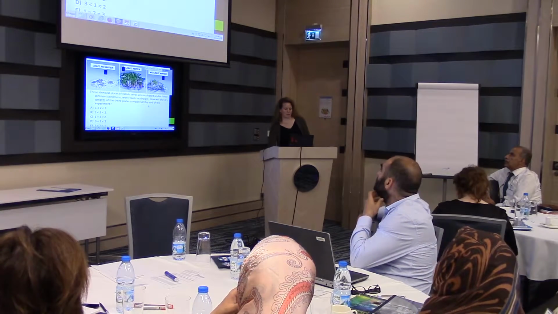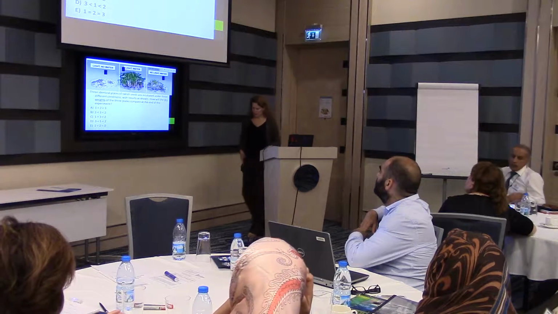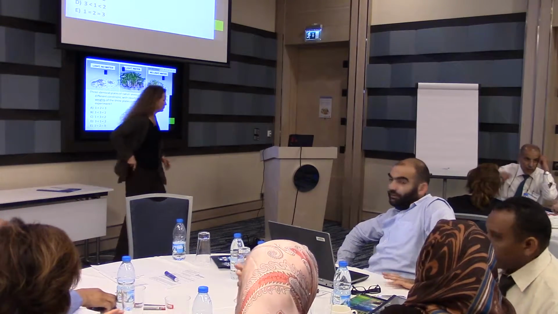Now what I want you to do is talk at your tables about this experiment and what you think. Go ahead and talk to your neighbor. Okay, I need everyone to vote again, because I have my reasons.